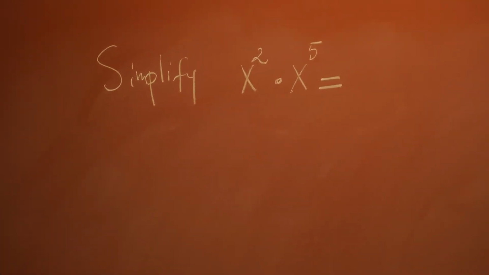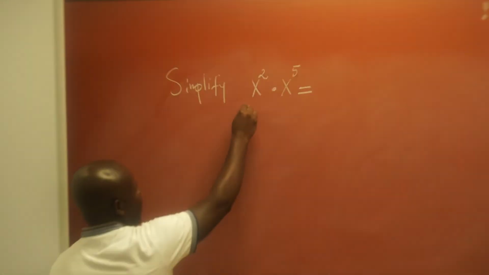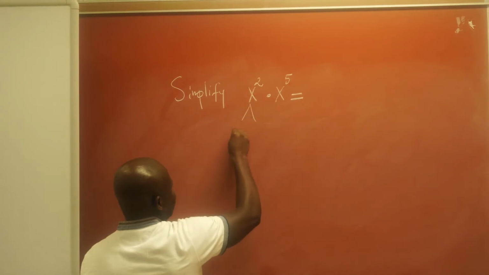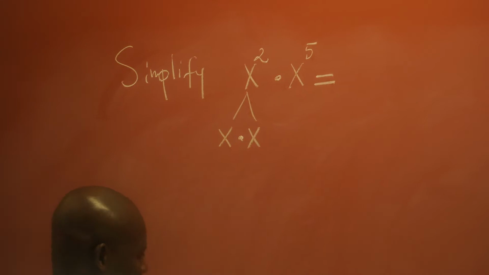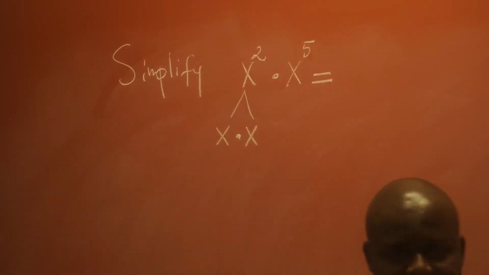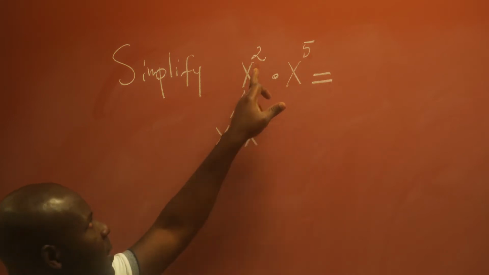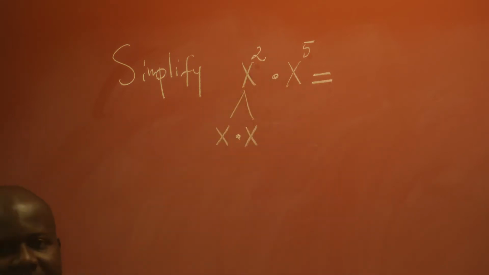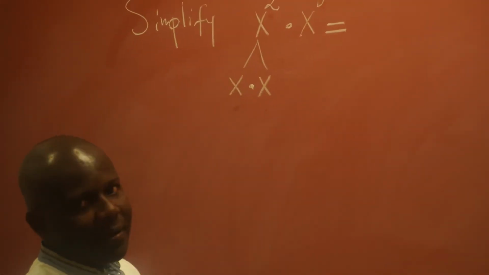You have to understand what they mean when they say x to the second power. X to the second power means you have an x and you multiply it by itself 2 times. So the 2 as a power is telling you that they multiply x by itself 2 times. So I have an x times x.